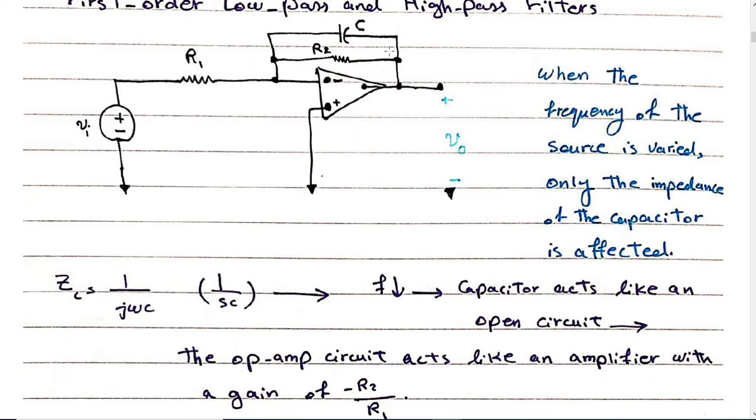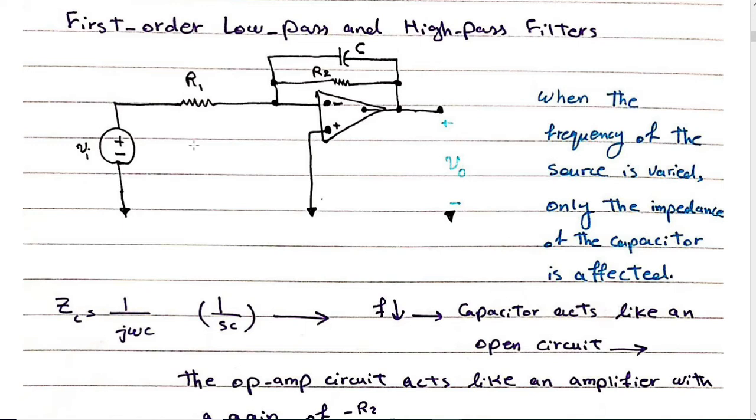If this is a short circuit, then Vout is 0, because VP is 0 and Vn is 0. It is like Vout is virtually grounded. So at high frequencies Vout is 0, the frequencies are not passed, and this is a low pass filter.